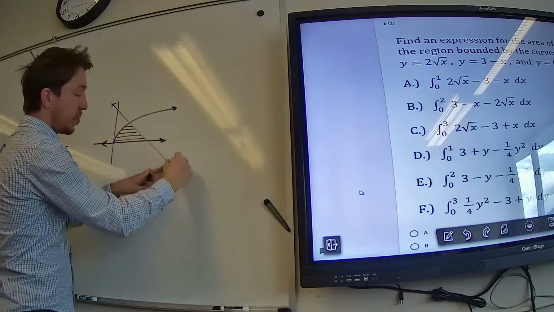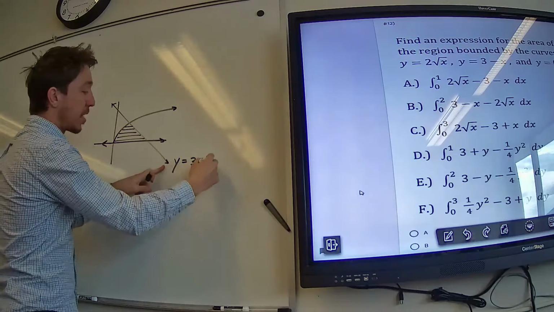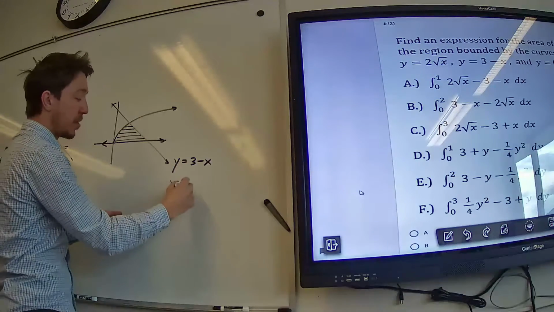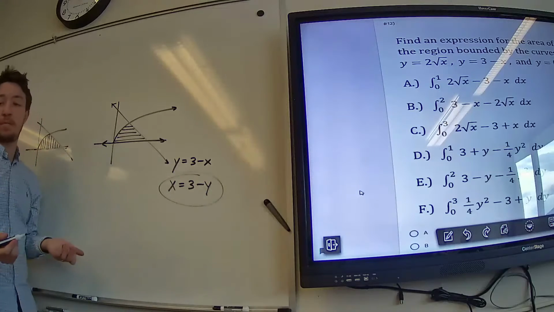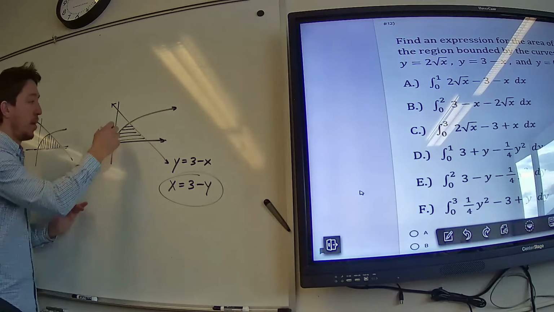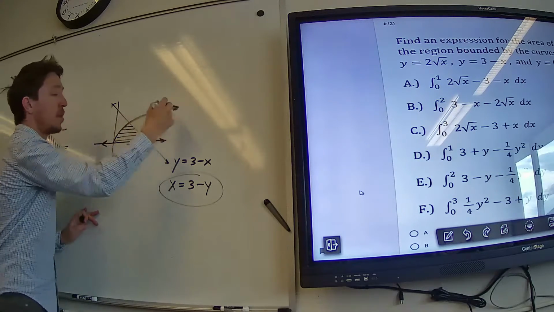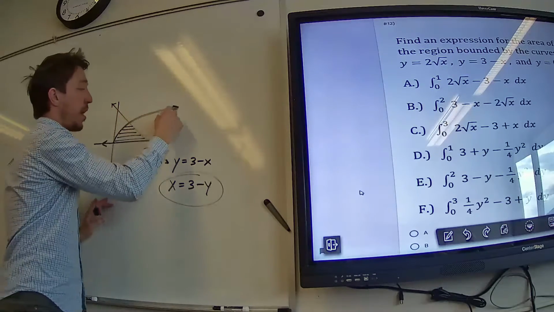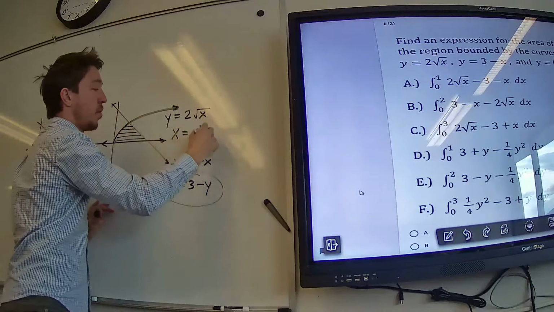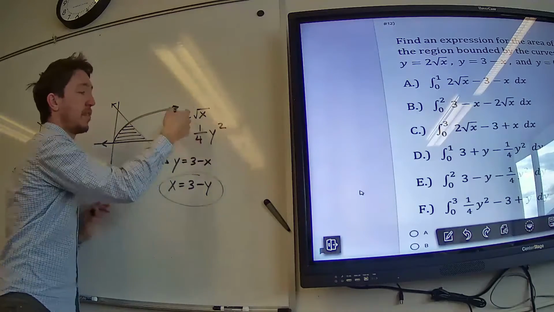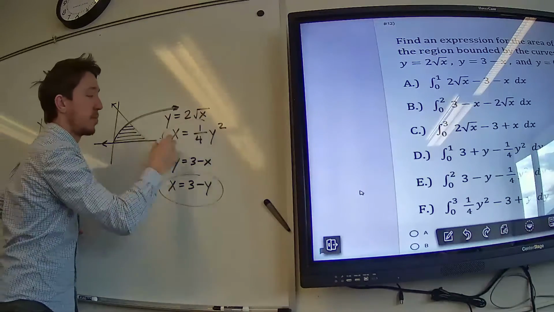So this equation, y equals 3 minus x, is the same as writing x equals 3 minus y. You feel okay about that? Okay, and then this curve here, y equals 2 root x, is the same as writing x equals 1/4 y squared. I divide by 2 and then square both sides.